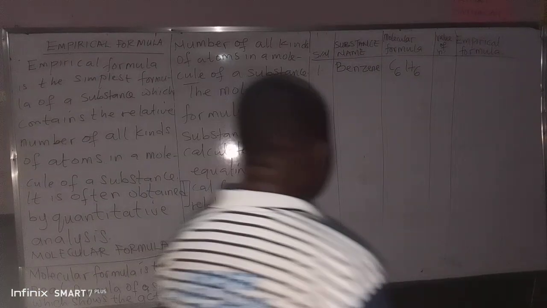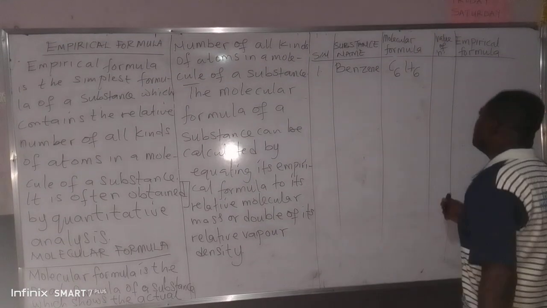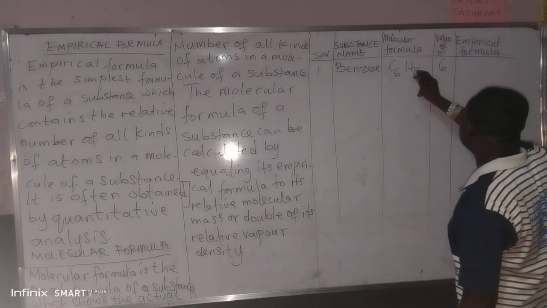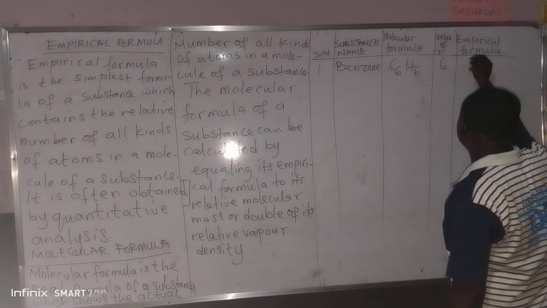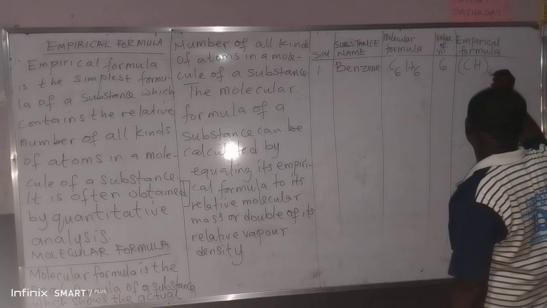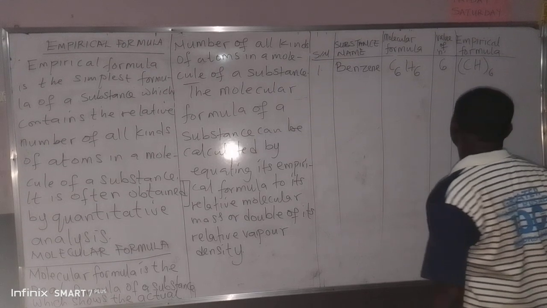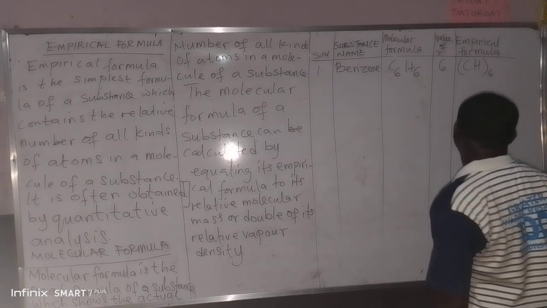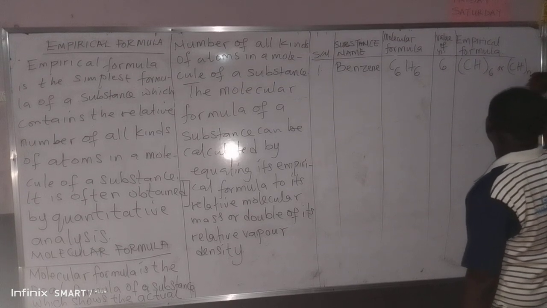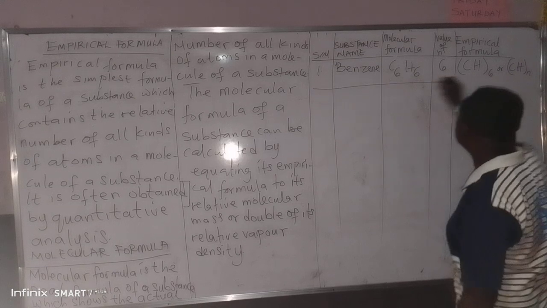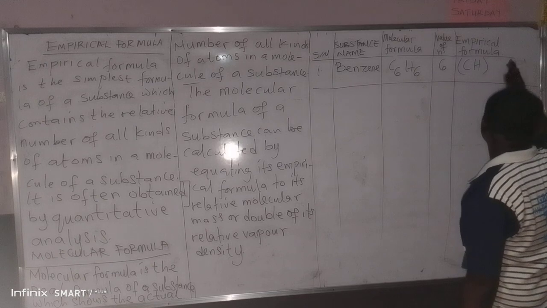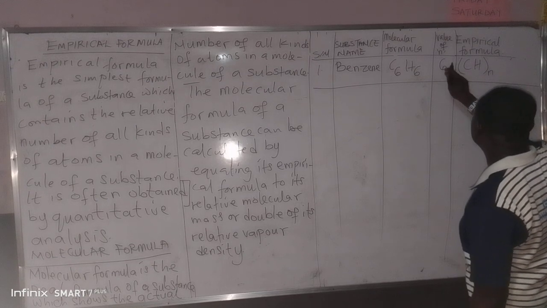So, from our knowledge of factorization in mathematics, if we factorize this 6 out, the empirical formula becomes (CH)6. So that is the empirical formula. Or (CH)n, where your n is 6.